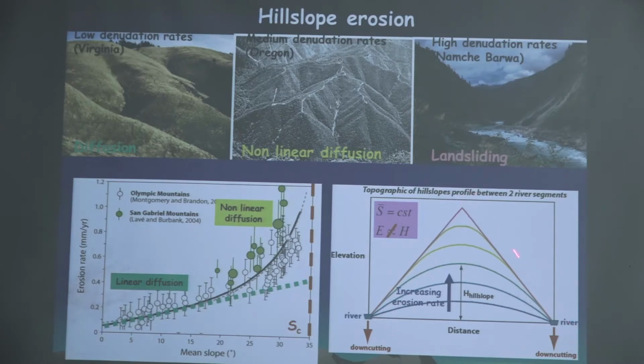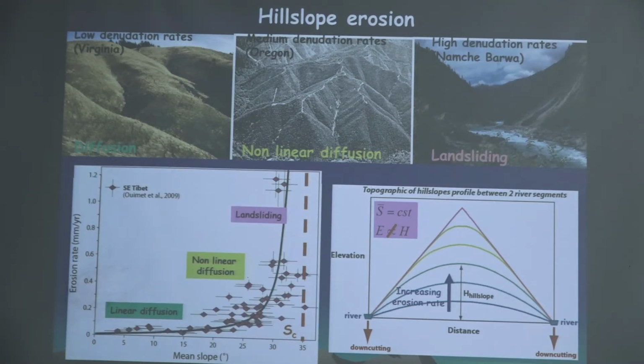And the translation in terms of geometry of your slope, you will get some kind of triangular shape. So you will go from rounded landscape to slightly more rugged landscape to triangular and planar faces.